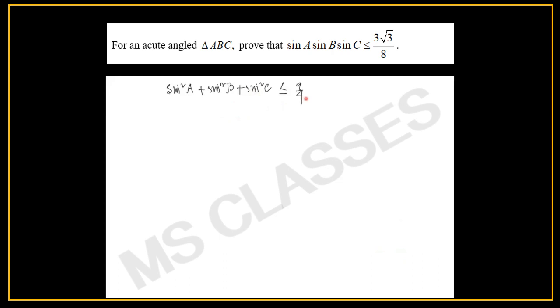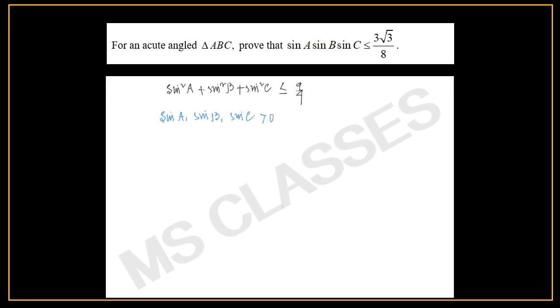And the reason why we have taken this inequality is that we know in the given sum A, B, C are acute. Sine A, sine B and sine C are greater than 0.